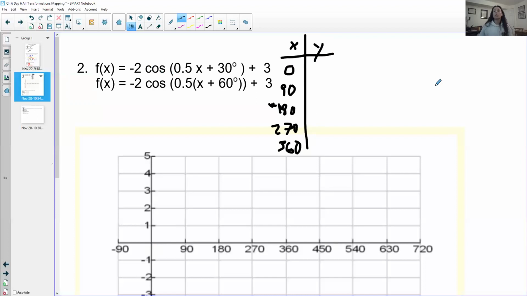Okay, now when we're plugging them into the mapping rule, your new x value is going to be x over k plus d.